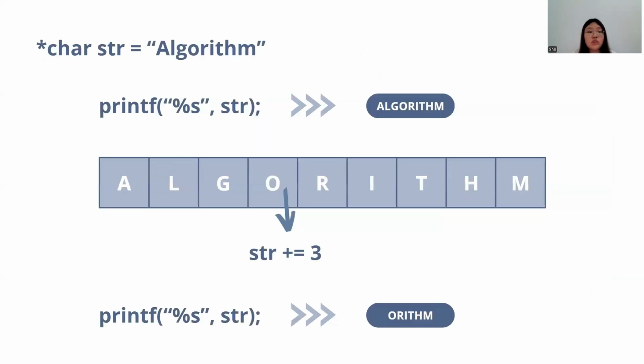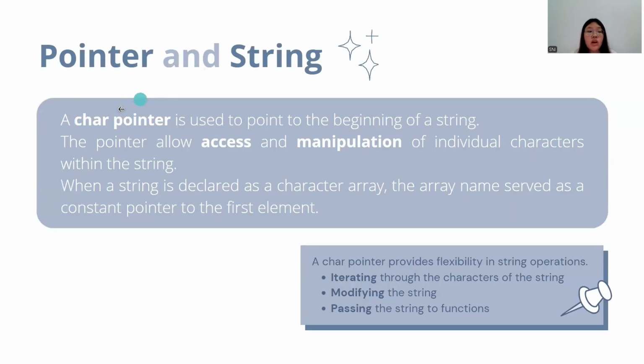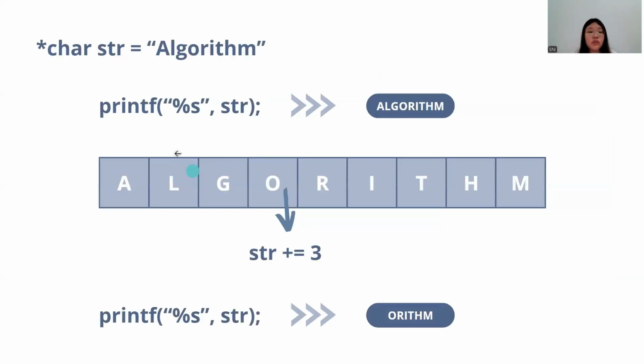And next we have an example, an array of char str algorithm. Remember, a char pointer is used to point to the beginning of a string. Since we haven't shifted the pointer anywhere, the string will begin from the first element A. Therefore, when we print it out, the output will be algorithm.